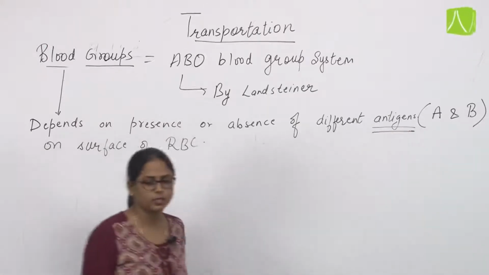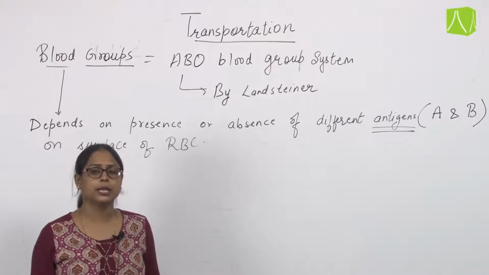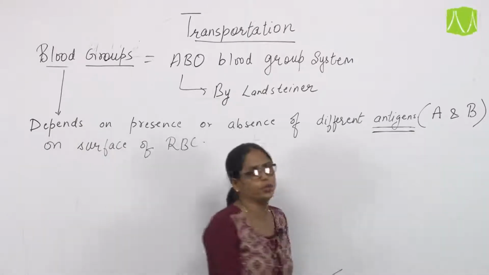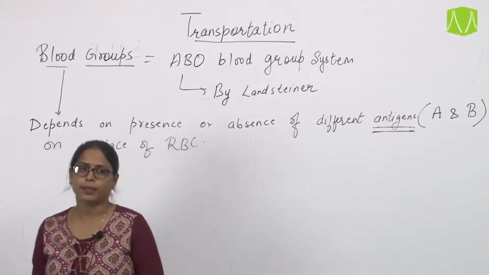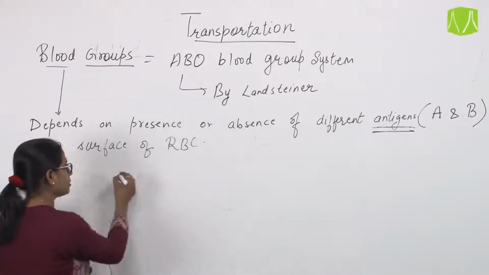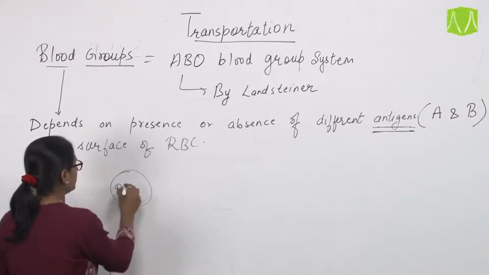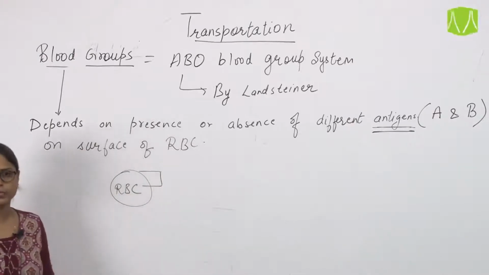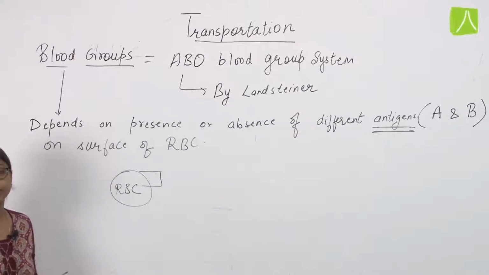Now what is an antigen? Antigens are glycoprotein molecules. This antigen gets attached on the surface of RBC. When it gets attached on the surface of RBC, this attachment requires a certain kind of enzyme.